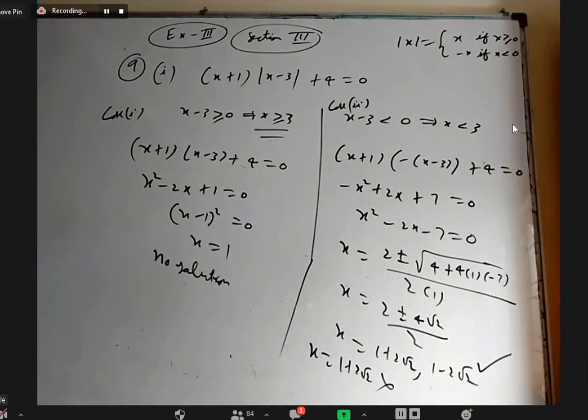If somebody is doing the 9th one, 2nd one later on, you have to take the case of x square minus x minus 6, whether that is positive or negative, and then find the solution.